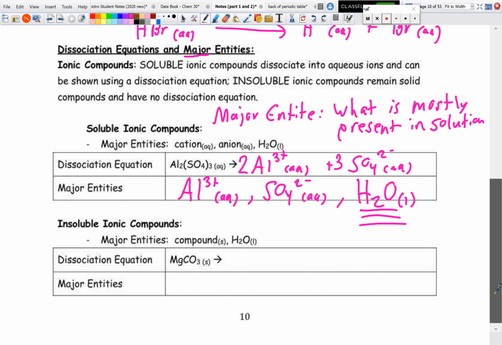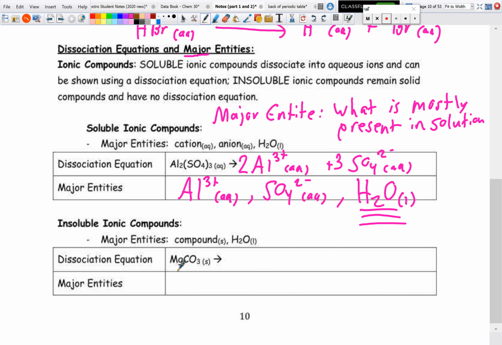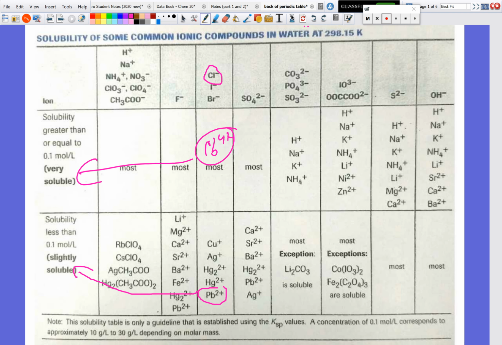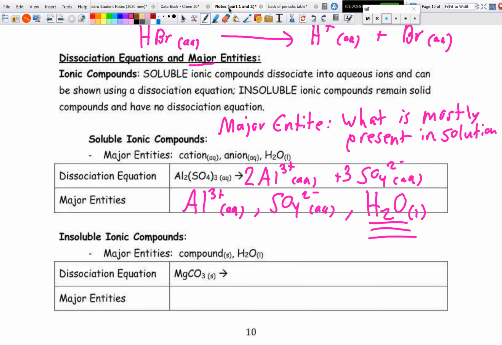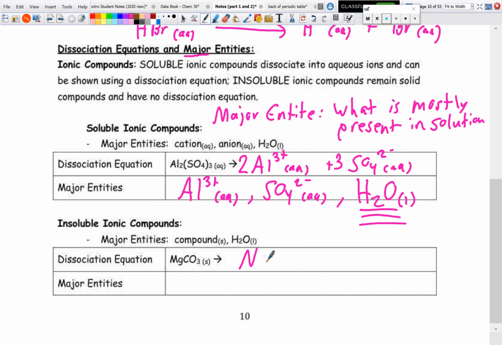Now if we have something like an insoluble ionic compound, magnesium carbonate is an example. If we look at the back of our periodic table, our carbonate is right here and magnesium is not here. Magnesium is down here, so therefore it's in the slightly soluble range. So for a dissociation equation, it has no equation.